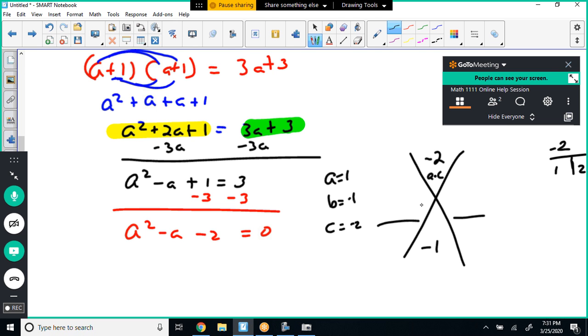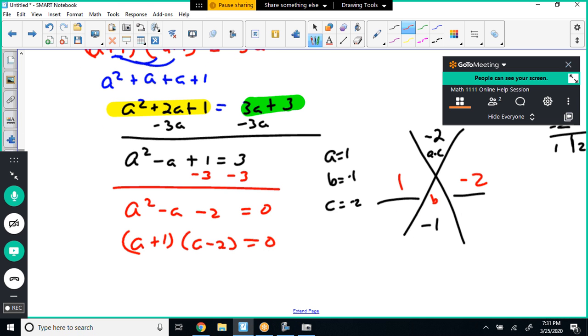So it's going to be 1, 2, and the biggest number has to have the sign of the B, right? So that's a negative there. So what we're going to end up doing is really having A plus 1 and A minus 2 equals 0.